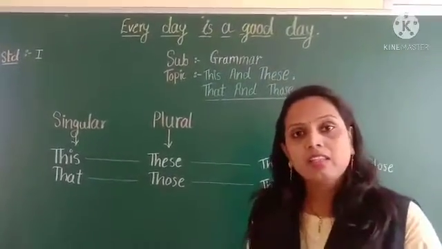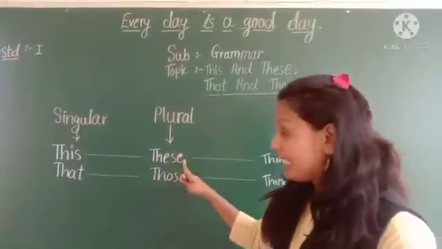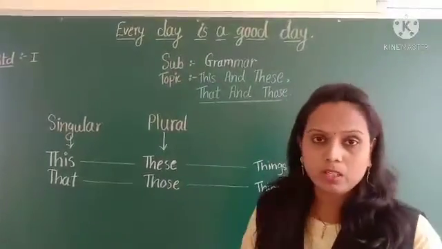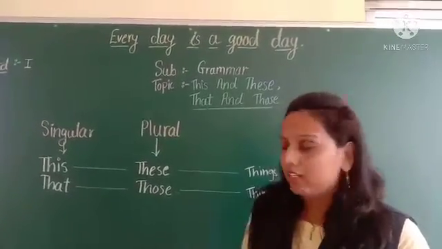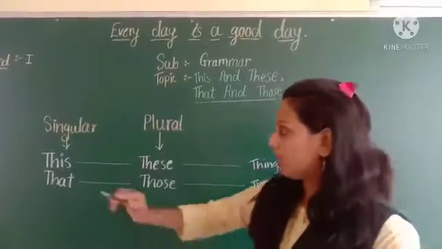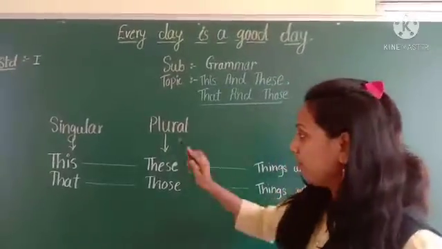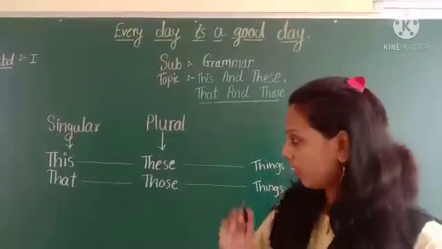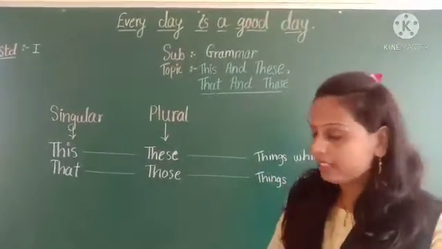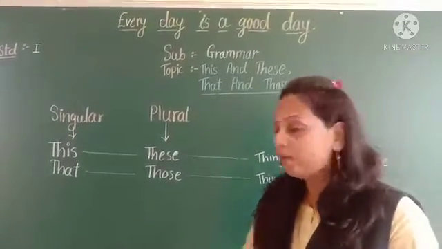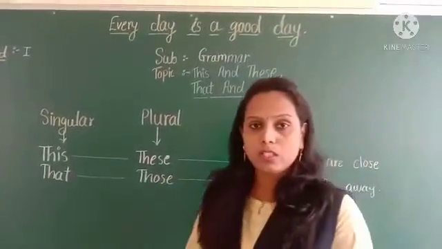When the thing is in the form of plural we use these and those. Understood? And when things are close to us, at that time we use this in singular form, these in plural form. Okay. And when things are far away from us, at that time in singular form we use that, in plural form we use those. Understood?